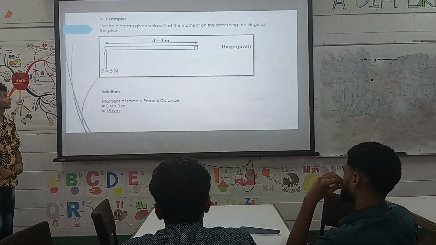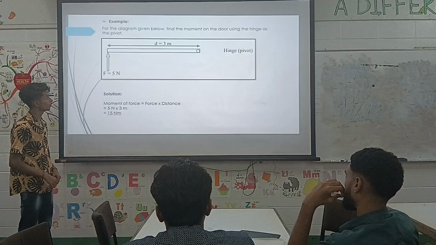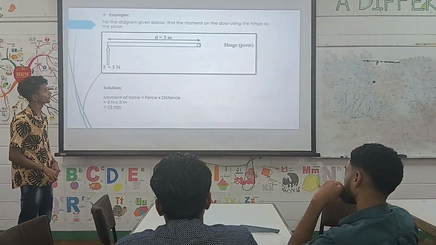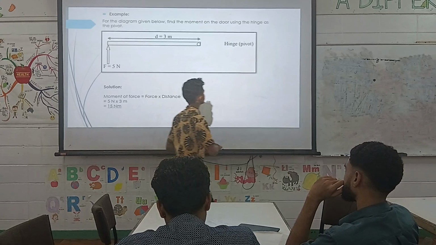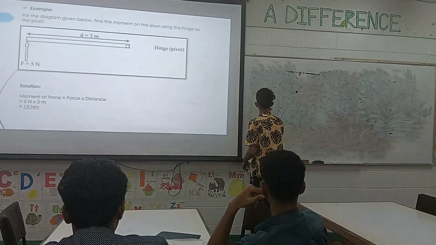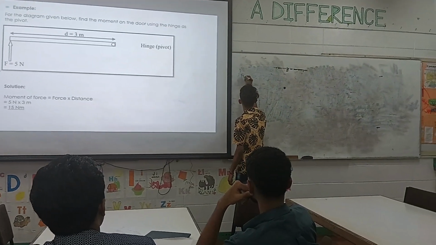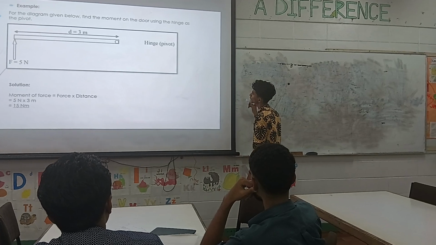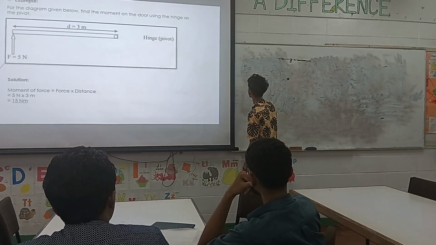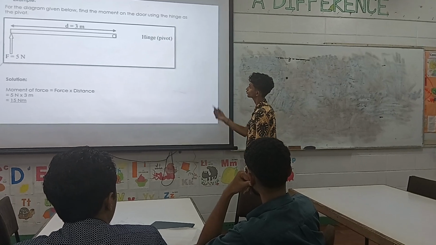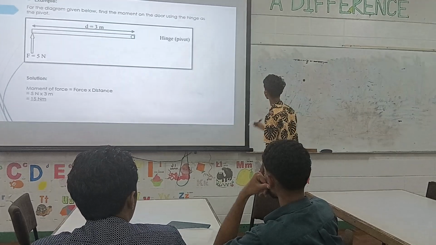So this is the example. For the diagram given, find the moment of the door using the hinge as the pivot. As you can see in this example, the distance along the door is 3 meters.